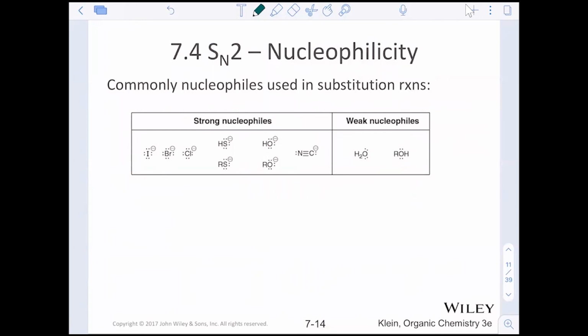Now, when we talk about nucleophilicity, when we're talking about what makes a good nucleophile, what we really want to be able to identify here is that a strong nucleophile is going to be looked at as something that are anions, they are polarizable, and the solvent will affect their nucleophilicity.